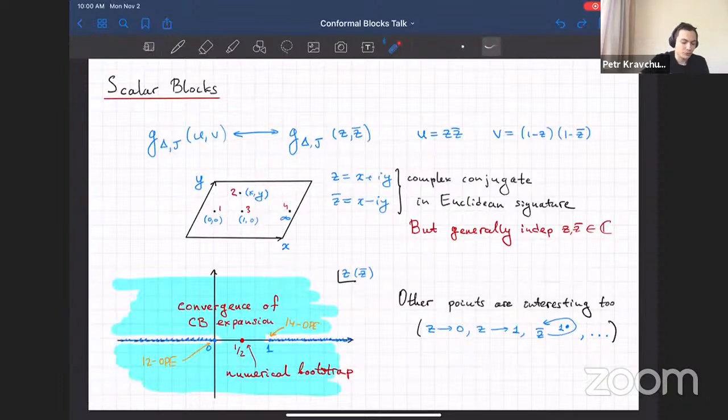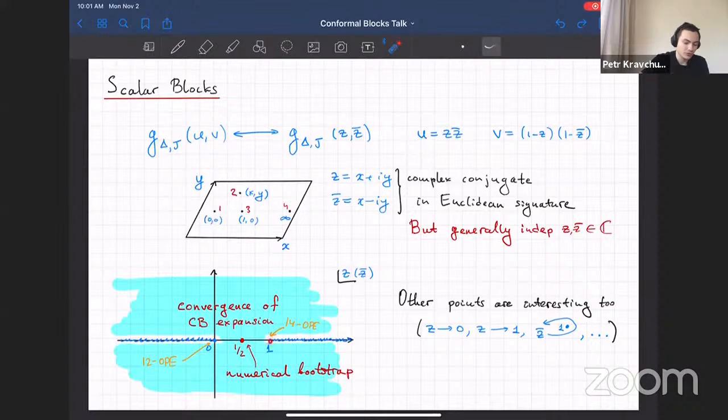Numerical bootstrap works when z and z bar are both near 1/2, and other important points in this plane are 0 and 1. When the cross ratios approach 0, it's the same as 1 approaching 2, so it's the OPE limit for 1, 2.